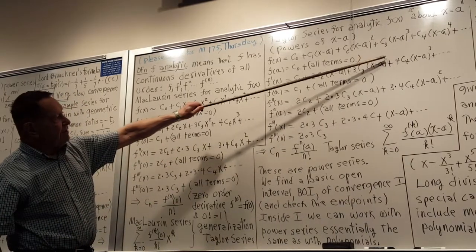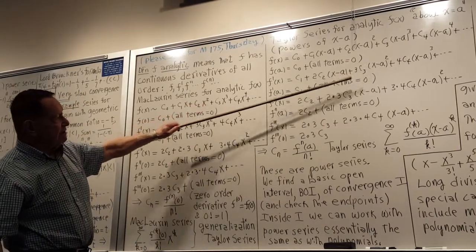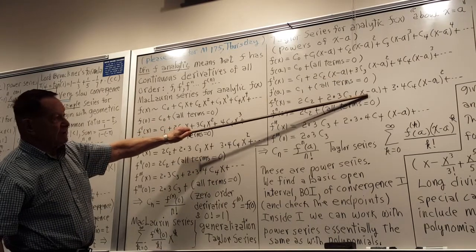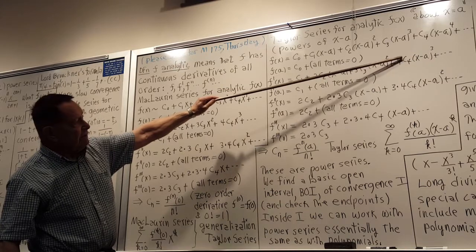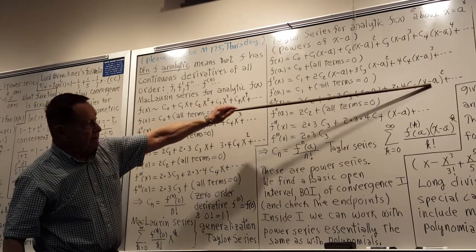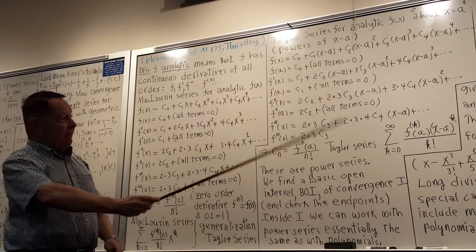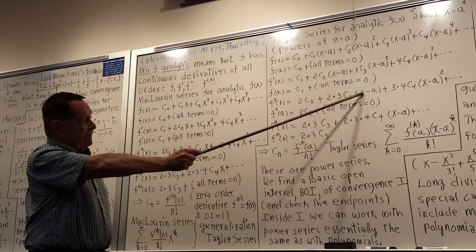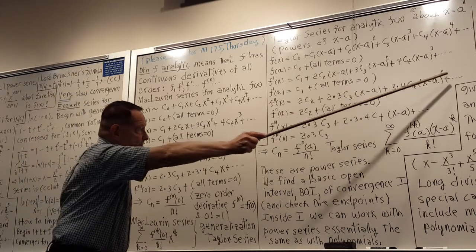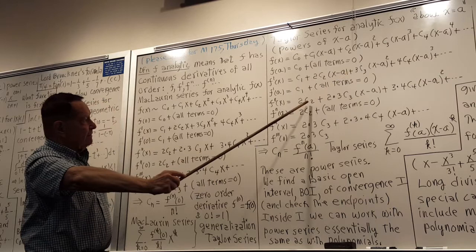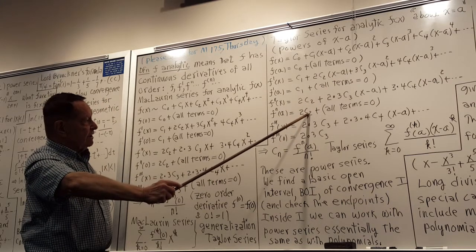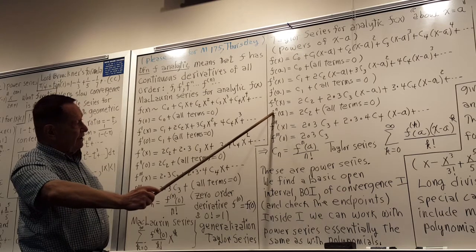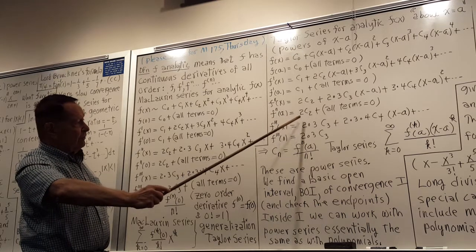The derivative here will give you 2 times 3C3, x minus a. The derivative here will give you 3, 4, C4, x minus a squared, and so on. And you put an a there, and so on. And your C2, when you solve for it, will be f double prime at a over 2.